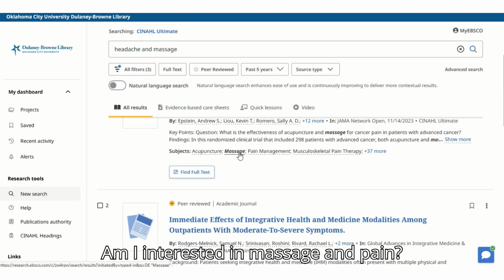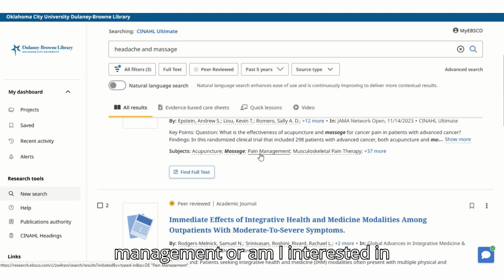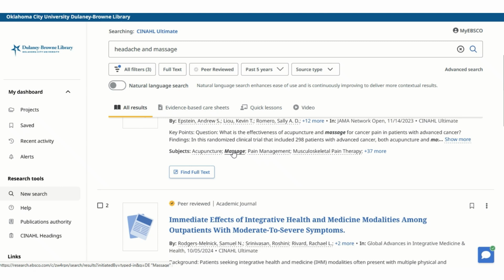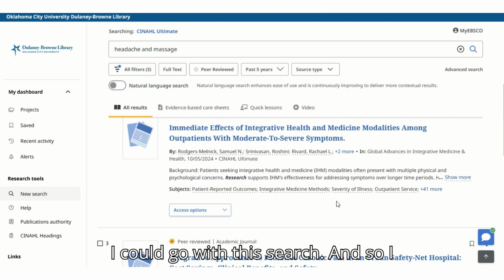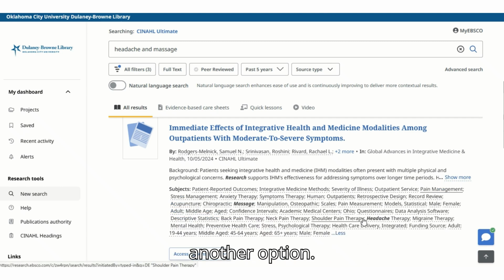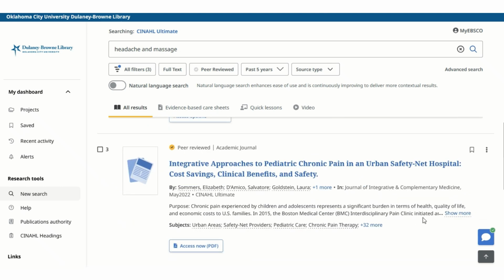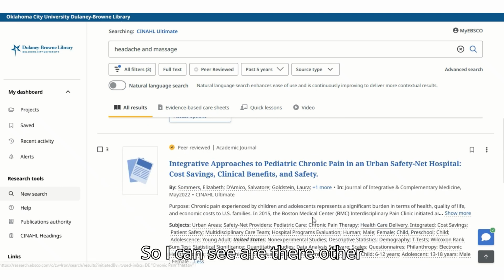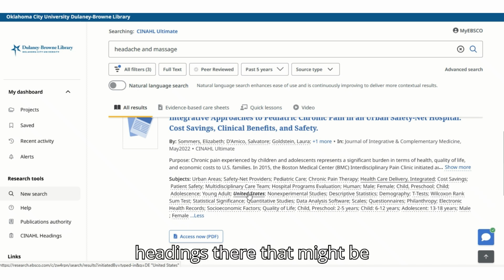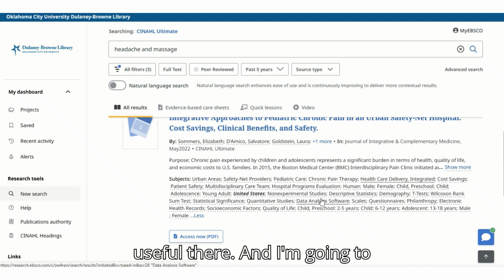Am I interested in massage and pain management, or am I interested in headache and alternative therapies? Those are a couple of different ways that I could go with this search. And so I can look at the subject headings, see if I get other terms like chiropractic. That's another option. So I can see, are there other headings there that might be useful.